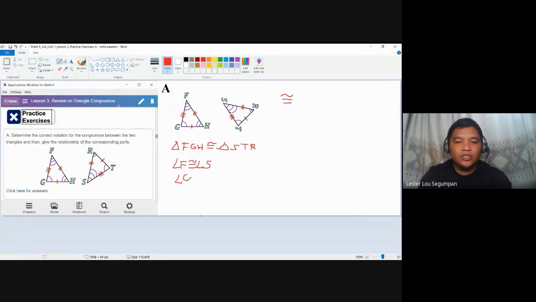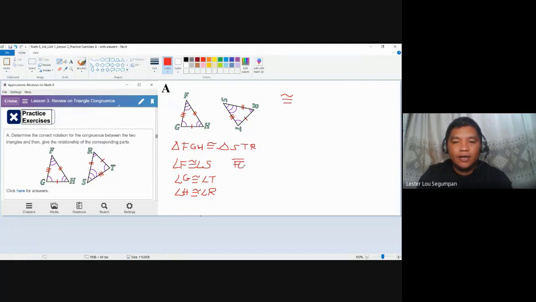Angle G, the second vertex, is congruent to the second vertex on the other side, T, and the last, H, is congruent to angle R. Finally, for sides, you may simply use the pattern here.